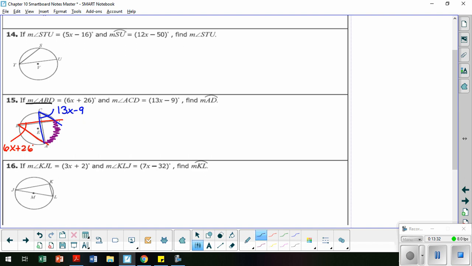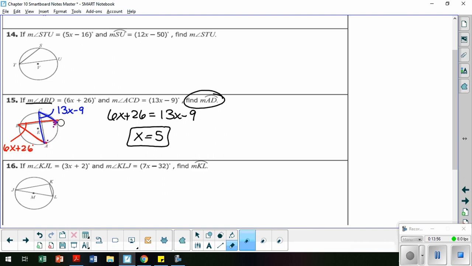So what do we know about intersecting arcs? They're equal. So 6x plus 26 equals 13x minus 9. If we do the math, which I know all of you guys can do, you get x equals 5. But we want to find the measure of that arc.